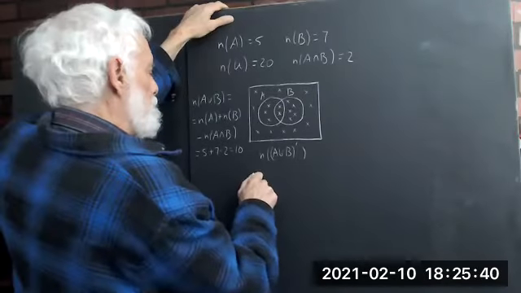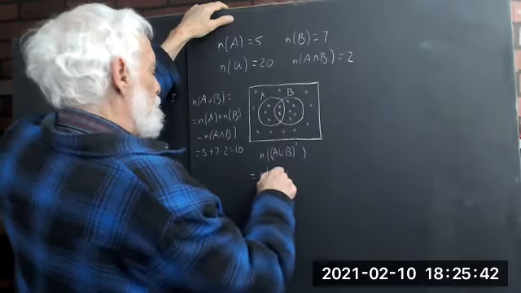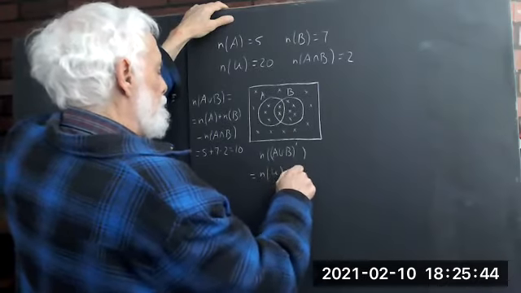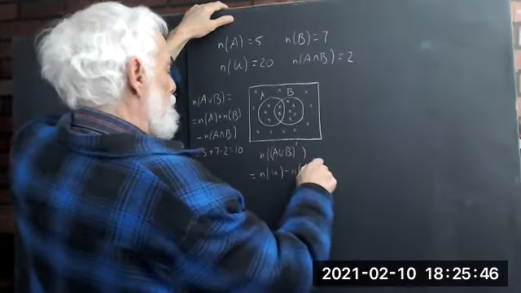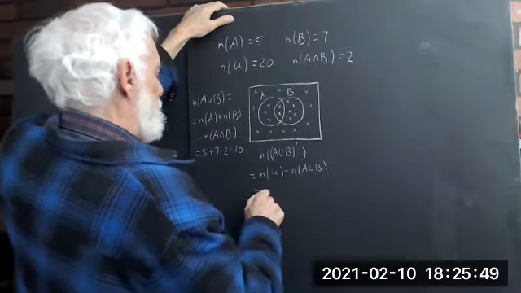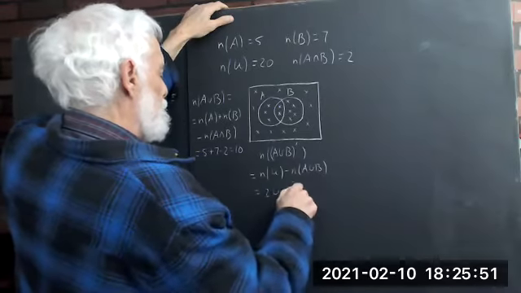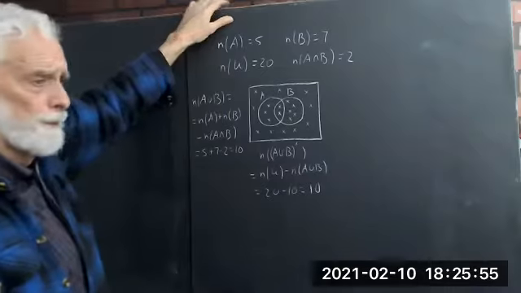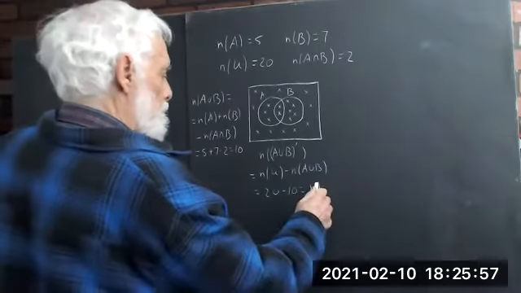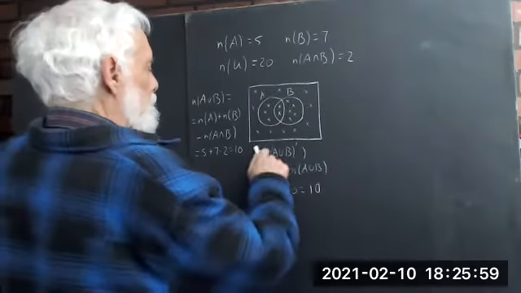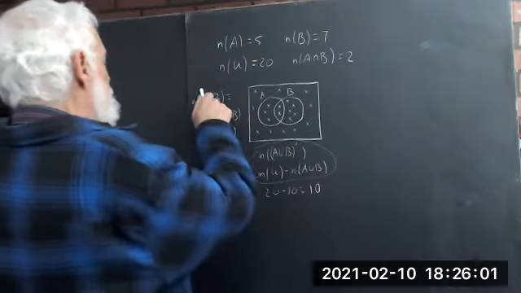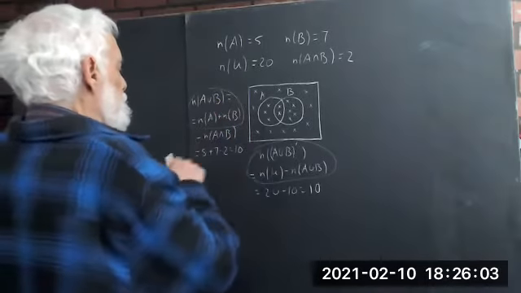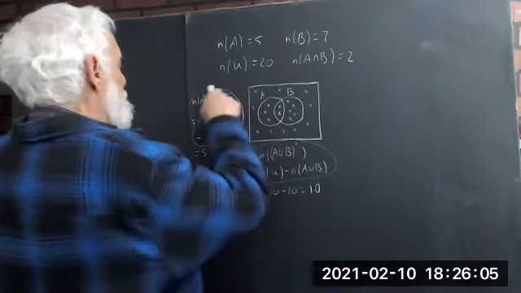And we see that that is the number in U minus the number in A union B, which is 20 minus 10, which is 10. Okay. This is always true.